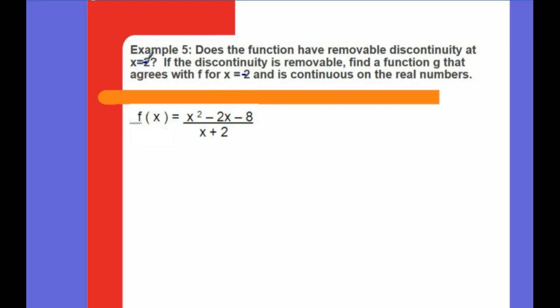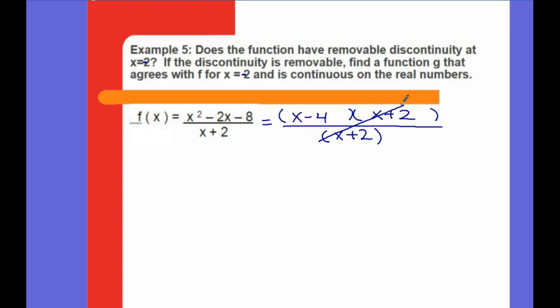So what do we want to do? First, you want to factor the numerator. So what do you get? Perfect. x minus 4, x plus 2. So what happens?